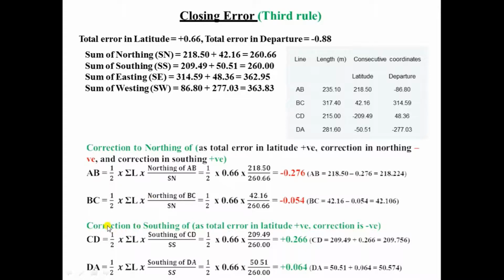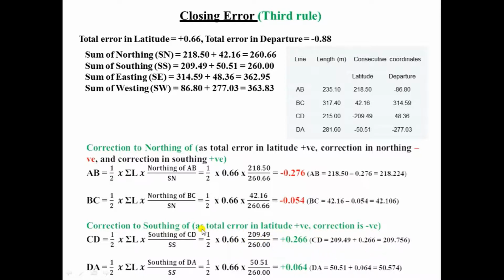Next we are applying the correction to southing. For correction to southing, we apply the correction to the lines that have a southing component. CD and DA both have a southing component, but AB and BC do not. As per the formula, we put in the data and get the corrected result.